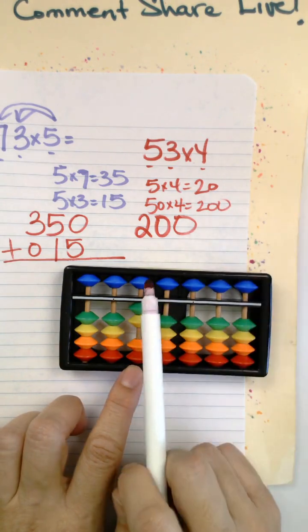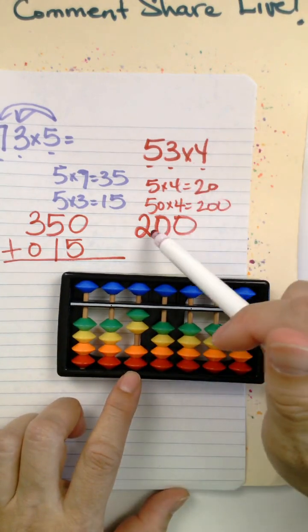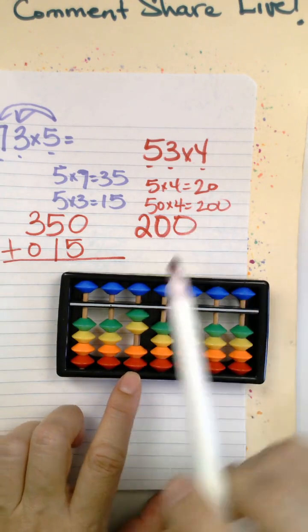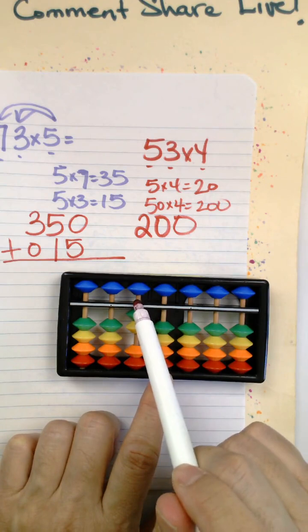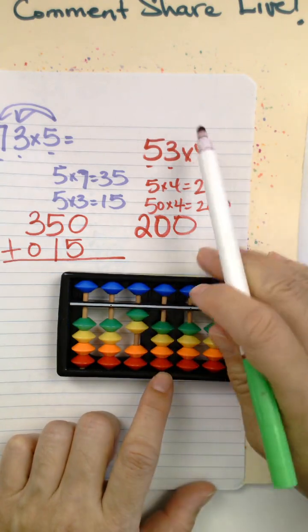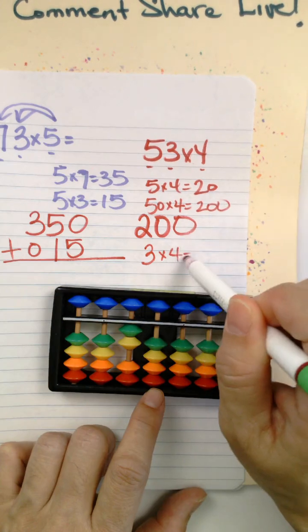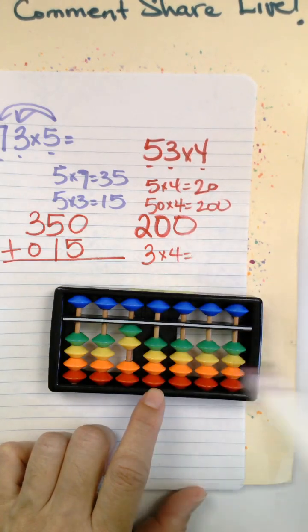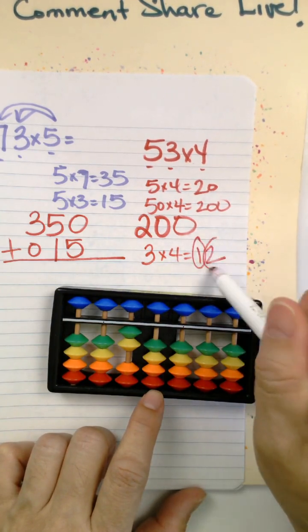Okay, so now notice I have a 0 here. I have to make sure that I account for the 0. That's why I move my finger to the next column, because this is a 2 and a 0, 20. Now my next number is 3 times 4, which is 12. Just as I write, this is one column, this is the next column.